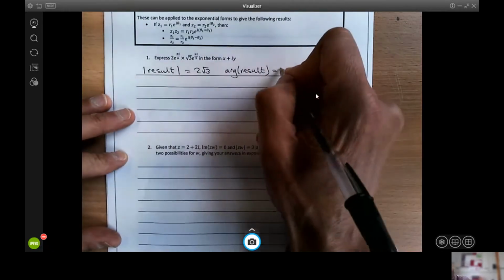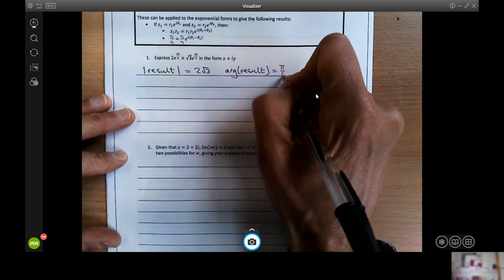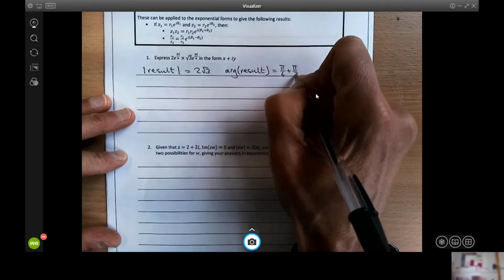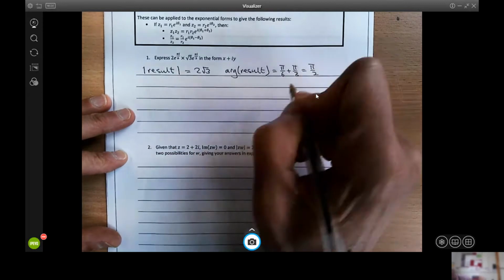So that's pi over 6 plus pi over 3, which is pi over 2.